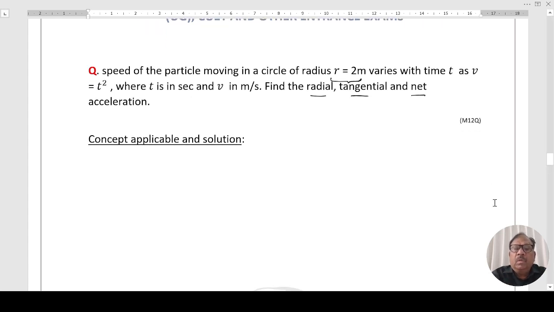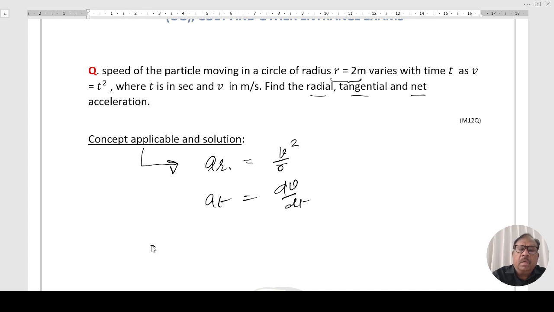Now, concept applicable in the solution: a radial is v square by r, a tangential is dv by dt, and net acceleration is under root a_r square plus a_t square.